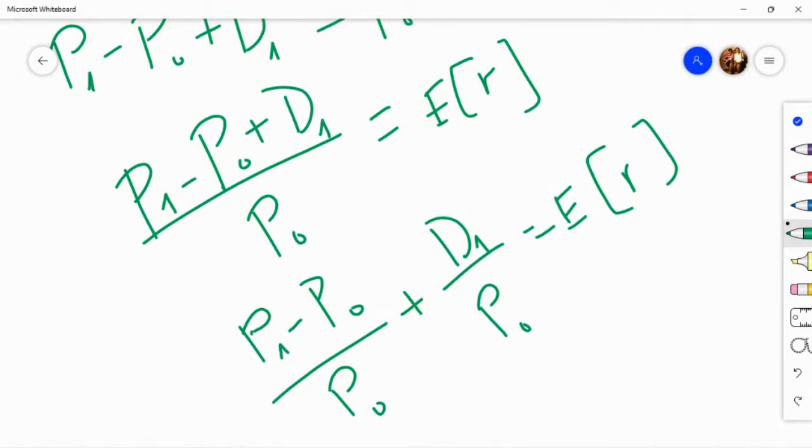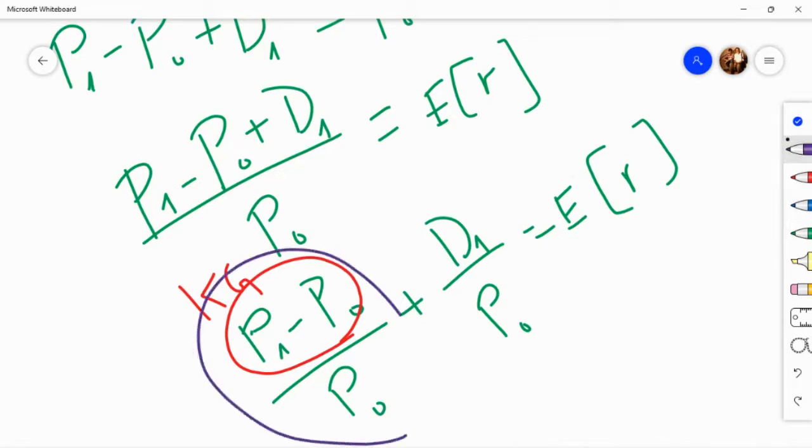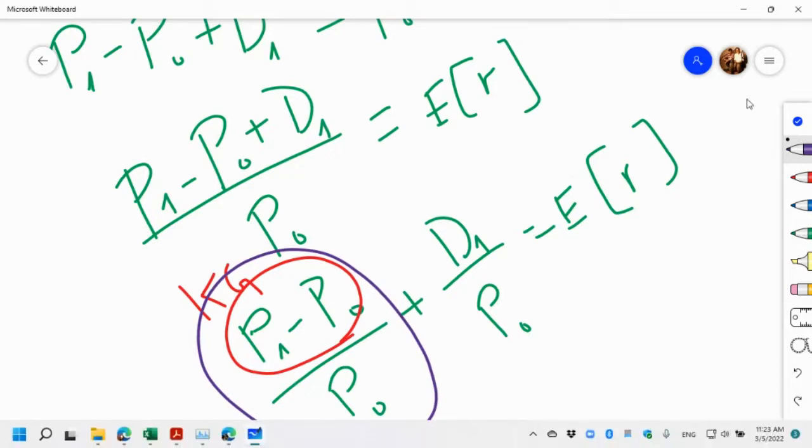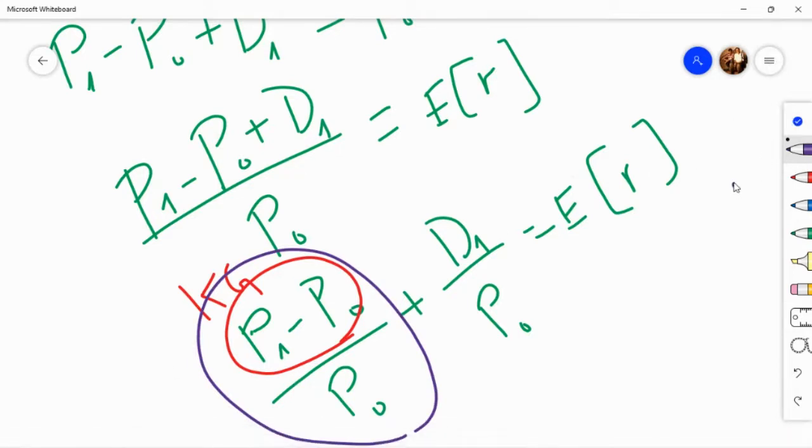This is capital gains, right? And this whole thing is called capital gains yield.